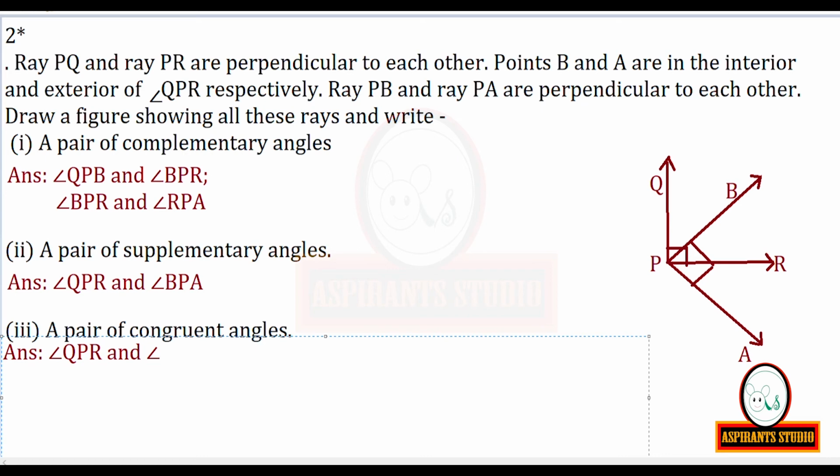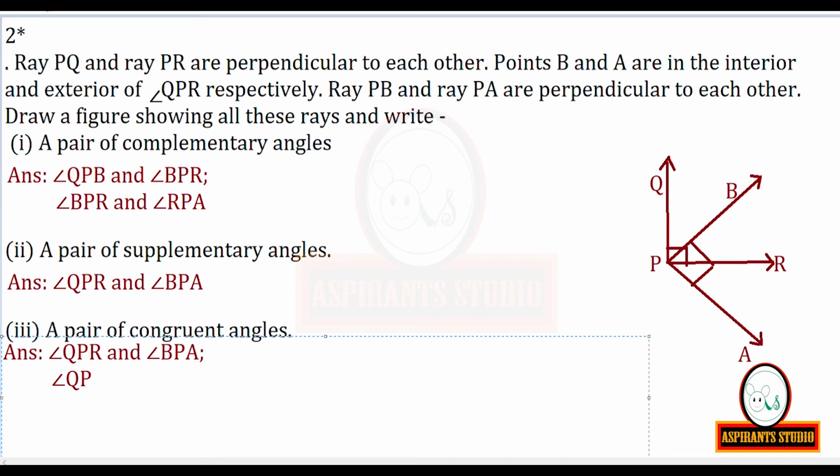Suppose you take the measure of angle BPR to be some theta degrees. Some measure you can take, let us name it as theta. So if you are considering the measure of angle BPR as theta, then what will be the measure of angle QPB? It will be 90 minus theta because the measure of angle QPR is 90 degrees.